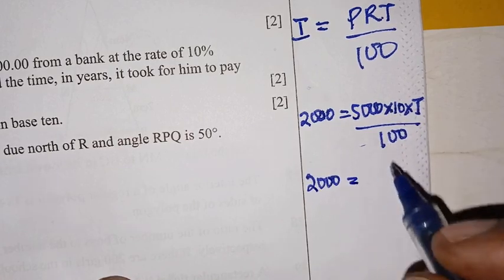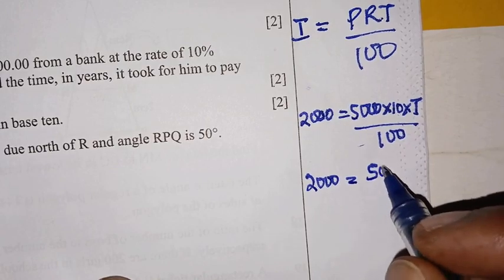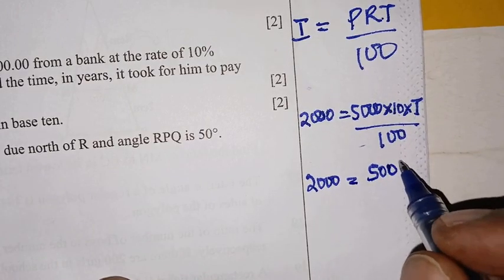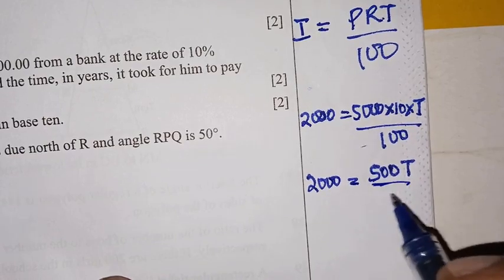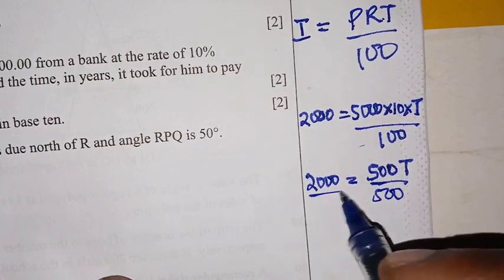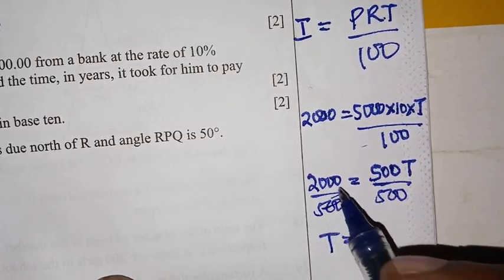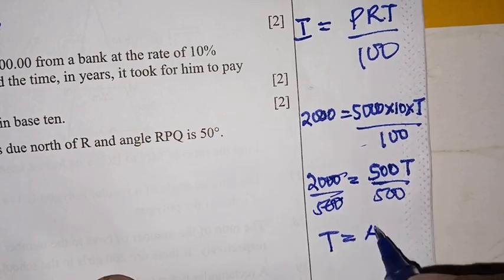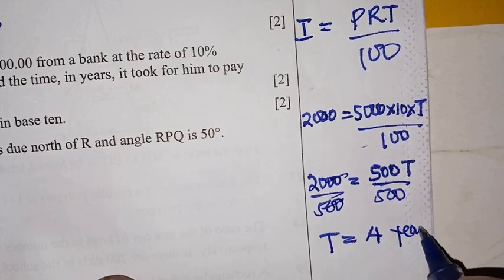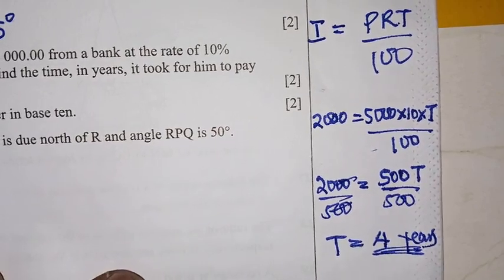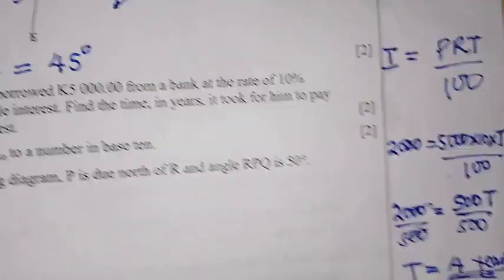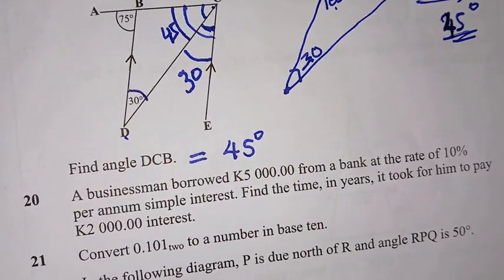So meaning I'll end up with just 500 T. And here I divide by 500. I also divide this side by 500. So my T will be 4 years. Okay, I hope this is understood.